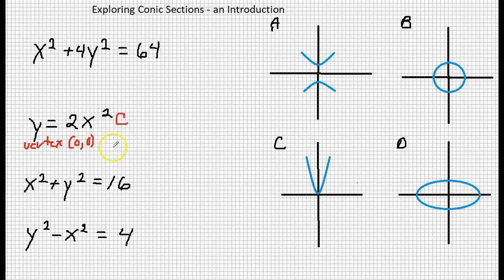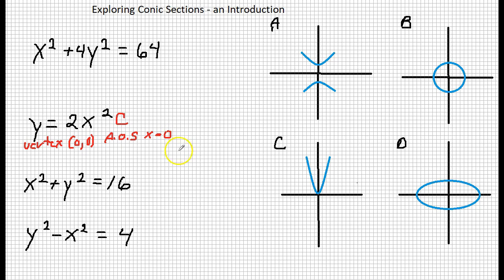All right, and our axis of symmetry, or our only line of symmetry, AOS, that's what we wrote before. It is the line x equals 0, which is the y-axis.